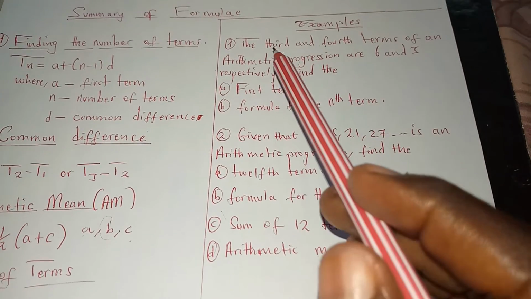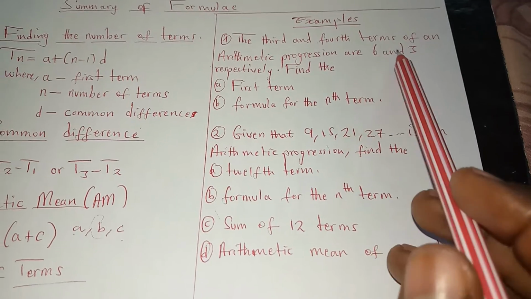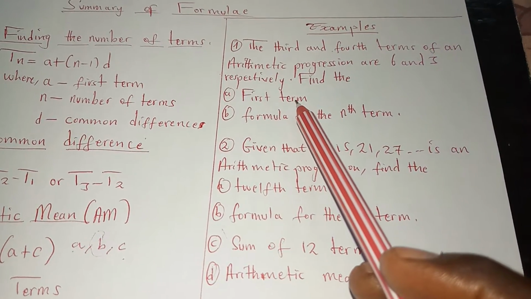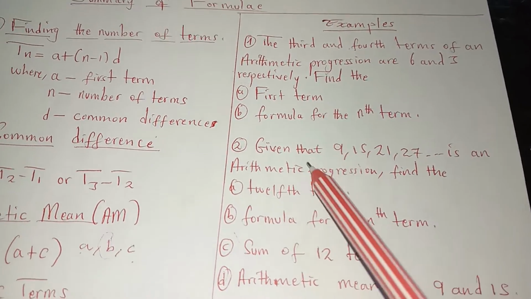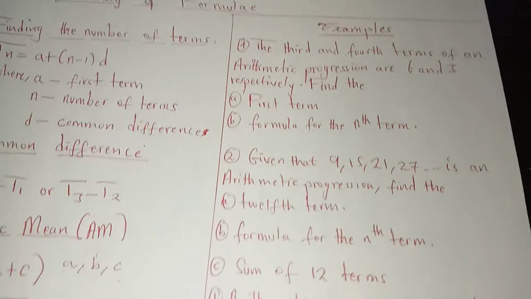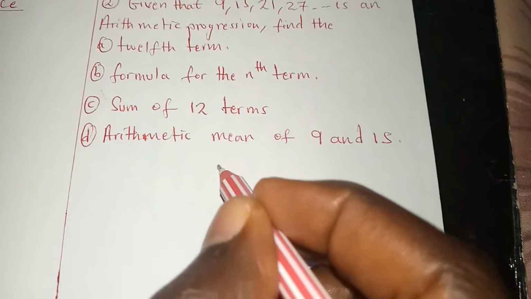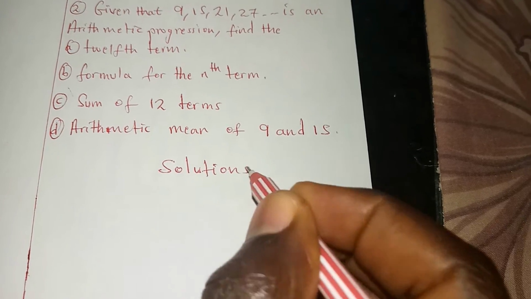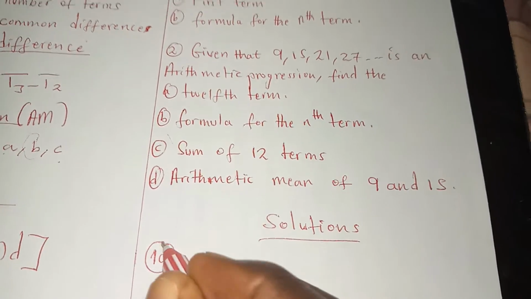The first example says the third and fourth terms of an arithmetic progression are 6 and 3 respectively. Find the first term. This question is from the 2021 internal paper 1 for grade 12s. So, the solution to this example.